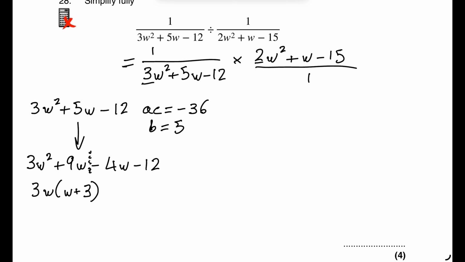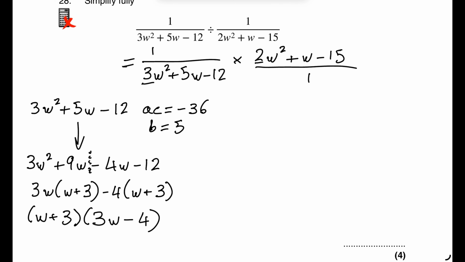And then on this side, I have minus 4, w plus 3 again, so I can factor out my w plus 3 as it is in both terms, and I end up with w plus 3, 3w subtract 4. So that is my first quadratic factorised.